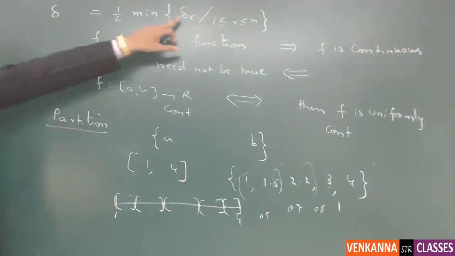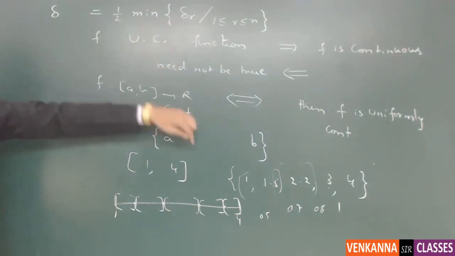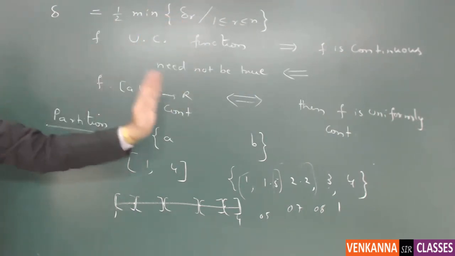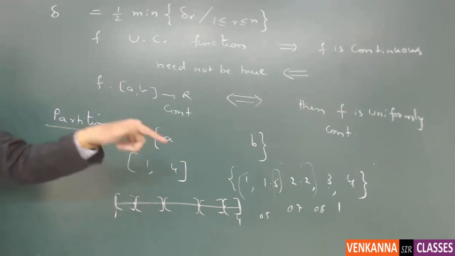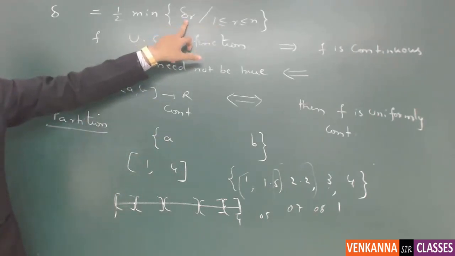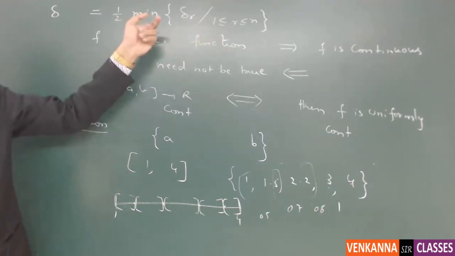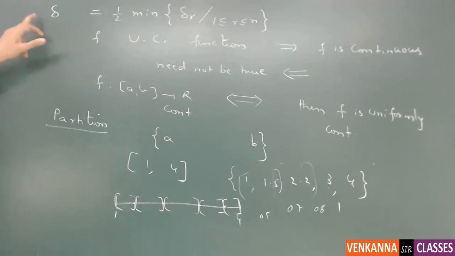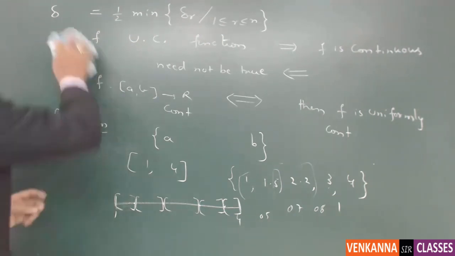If delta 1 is the first subinterval length, delta 2 the second subinterval length, and so on, if you have taken n subintervals, for each subinterval you calculate the length, take the smallest length and make it half. That is taken as delta. I will write here.